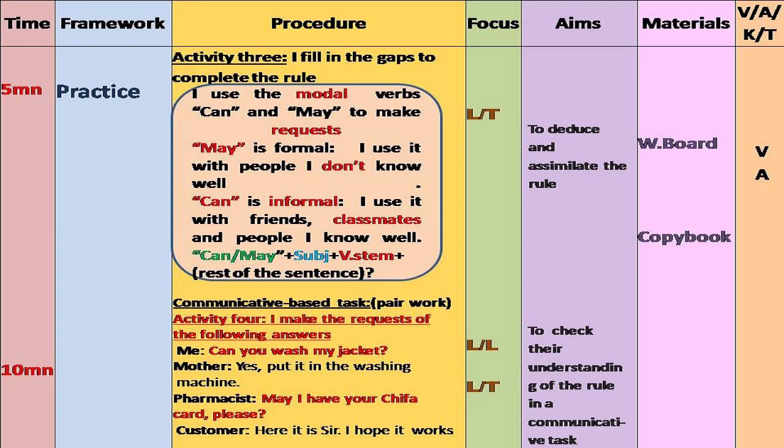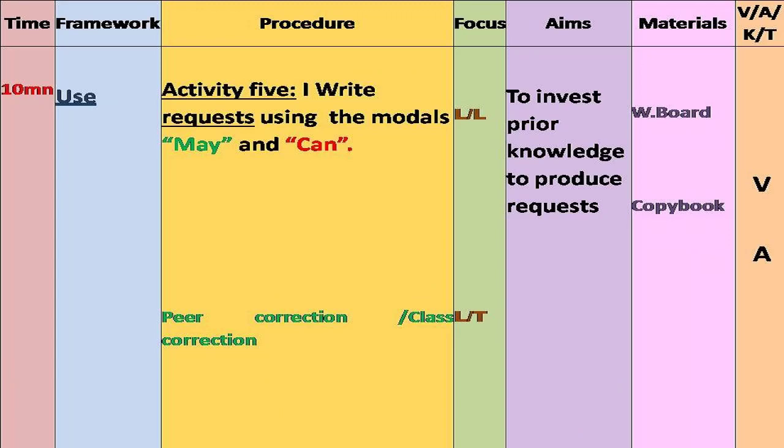حاجة المهمة في l'activité لازم تحدوا اسكو pair work ولا group work ولا individual. Généralement it's a pair work. The last phase of a grammar lesson is use. It takes 10 minutes. The aim of this activity is to invest prior knowledge to produce.